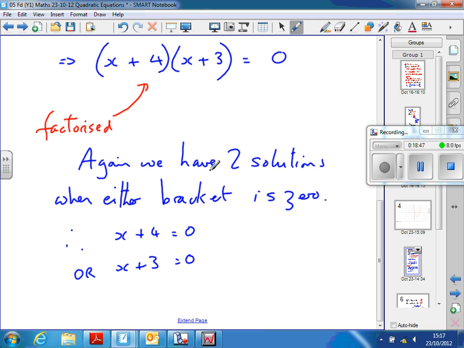And that means it's dead easy to solve, because what must x be? If x plus 4 equals 0, x must be minus 4. If x plus 3 equals 0, x must be minus 3. Yeah. Solved. So we solved the equation.